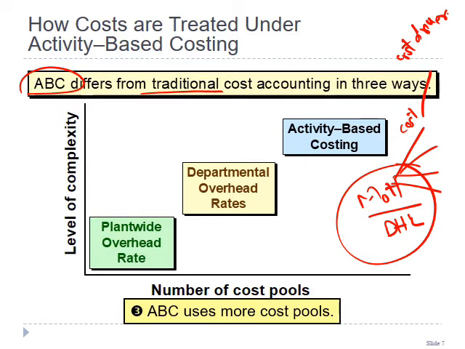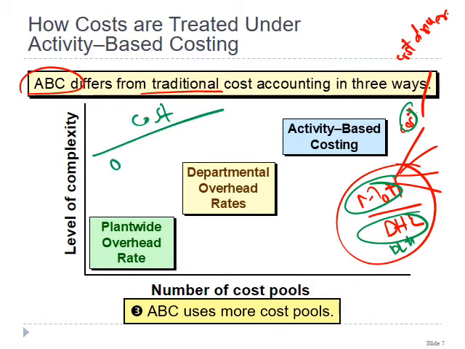Rather than dividing the whole MOH, manufacturing overhead, by one activity, that is DLH, direct labor hours, every cost is divided by its own cost driver or cost activity driver, right?